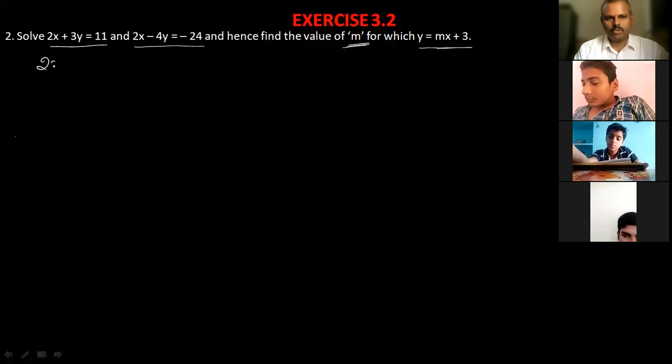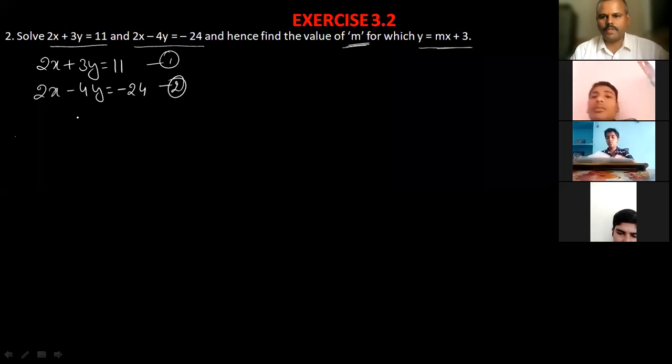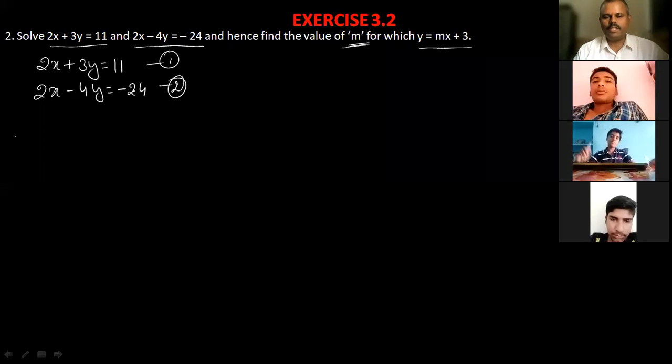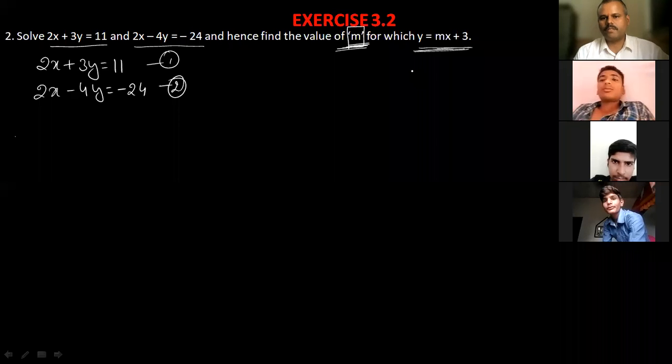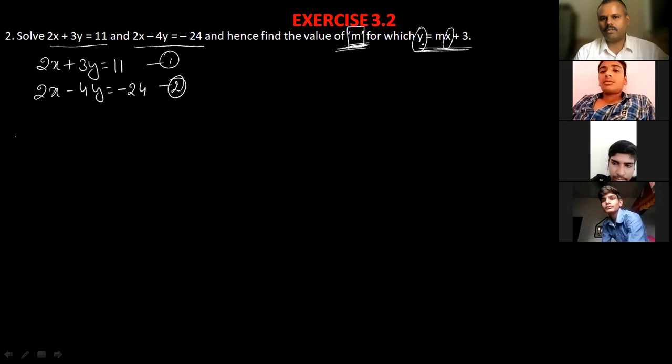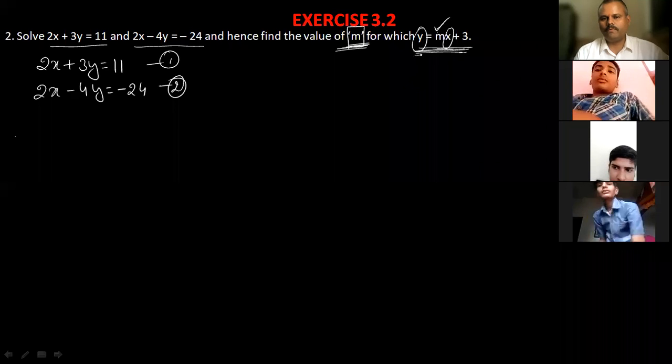You are given to solve these equations. First, you have to solve these two equations. And after solving, you have to find the value of m such that y equals mx plus 3. So whatever values of y and x you get, those values will be substituted in this, and then you calculate the value of m.